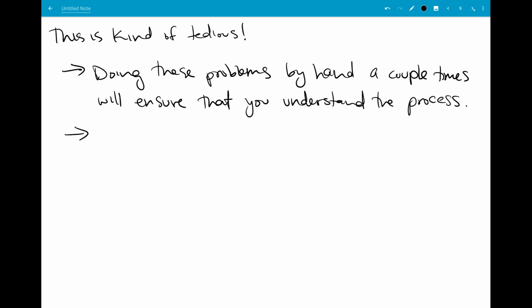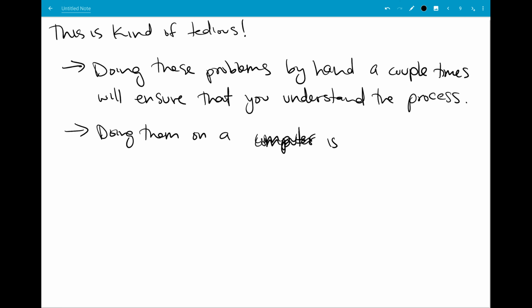But doing them on a computer is faster. That's not too bad. So that's why we're going to do this little spreadsheet exercise in the next video. So I'm going to end here, and in the next video you'll be looking at a spreadsheet example.